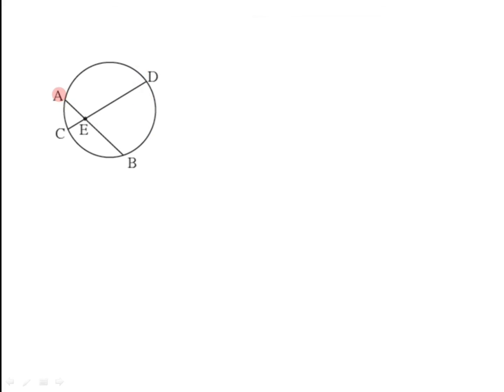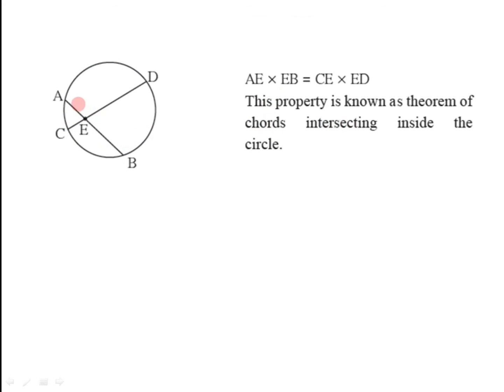Suppose this is a circle where chord AB and chord CD intersect each other at point E, which is inside the circle. Then we have AE into EB equal to CE into ED, and this property is known as the theorem of chords intersecting inside the circle.